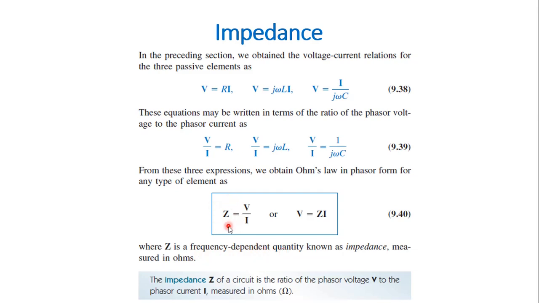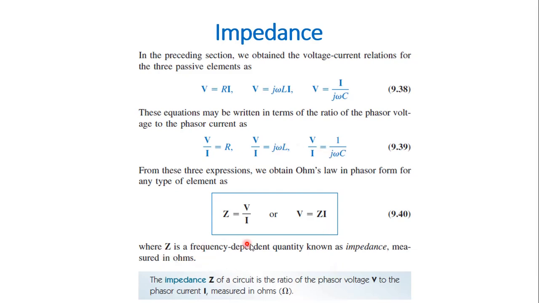Why we say it is a frequency dependent quantity is, you can refer here, V by I is equal to j omega L. Similarly here V by I is equal to 1 by j omega C. So we have the angular frequency terms here.